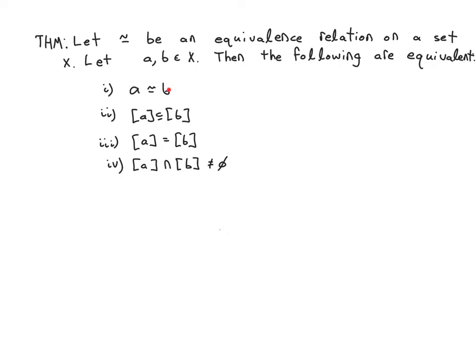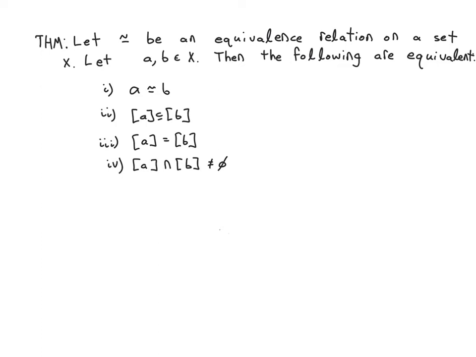Well, if A and B are equivalent, then it turns out the equivalence class of A is a subset of the equivalence class of B. And actually, the equivalence classes are equal. So this is kind of interesting because it says that once you have containment, you actually have equality, which is kind of rare for sets in general.